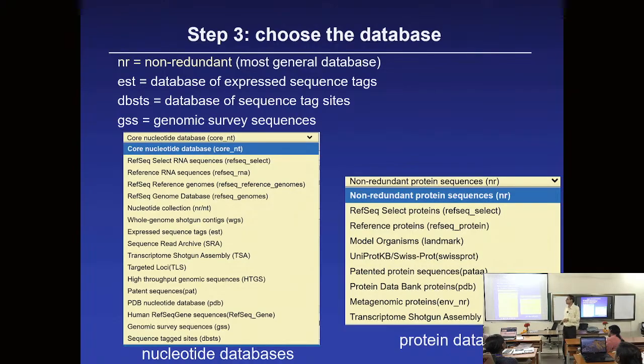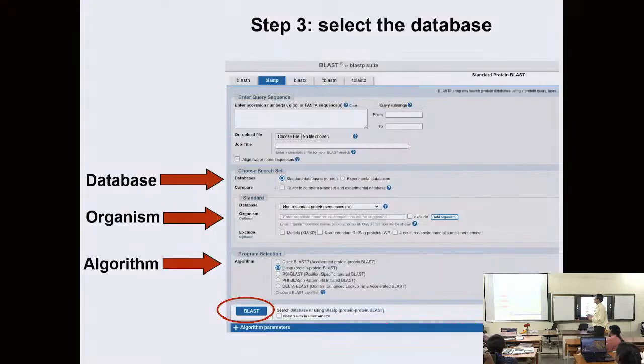Okay, so select the database, which is actually, this is the option, the standard database. Otherwise, you will get here the option to choose any other database that you want to. Okay, so which is here, the organism that you want to compare against.